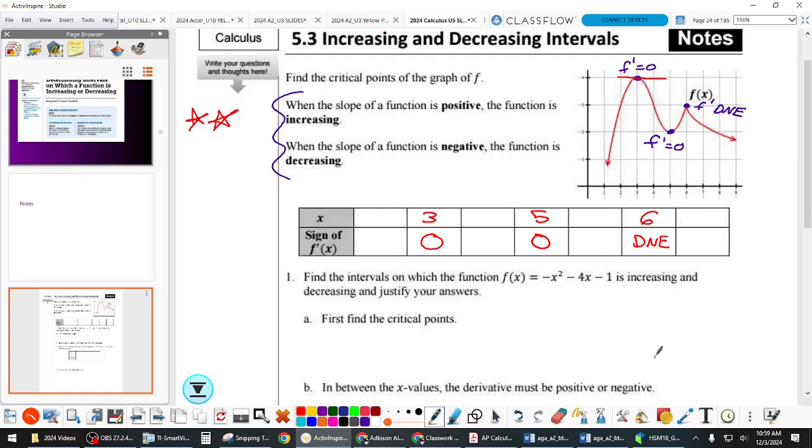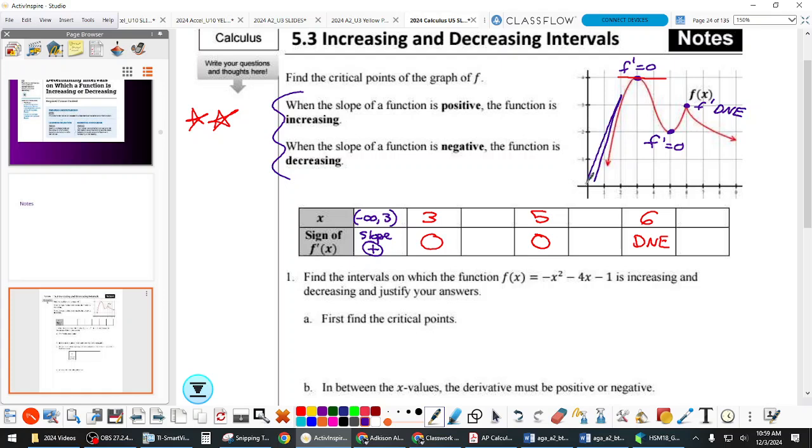Then, in between here, we're going to figure out the sign of a value. So, our x values are going to be negative infinity to 3 on an open interval. What's the sign of f prime? It would be positive, right? The slope is positive, right?